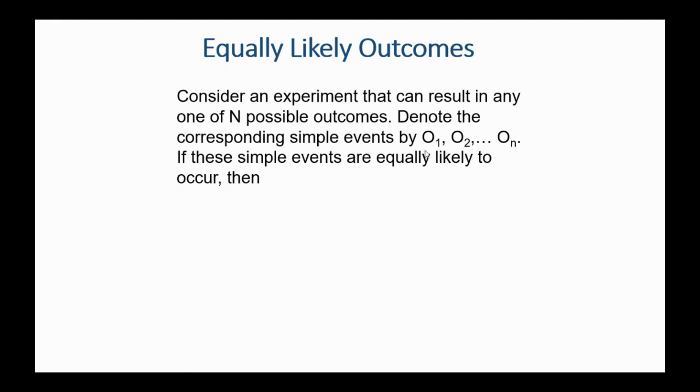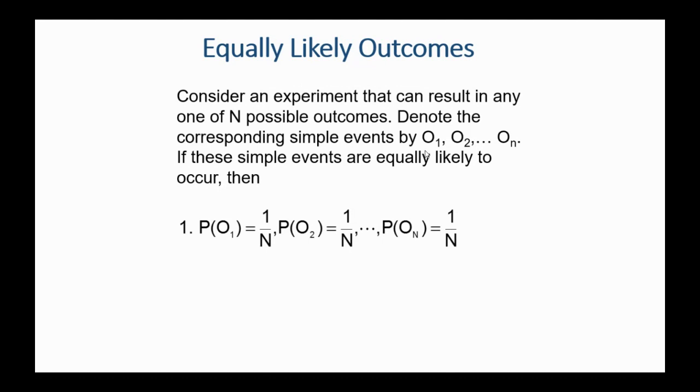We're going to denote the simple events, which remember a simple event is getting only one outcome, by O sub 1, O sub 2, all the way to O sub n. If these simple events are equally likely to occur, then the probability of O sub 1 equals 1 over n.